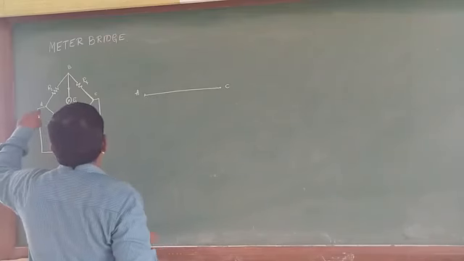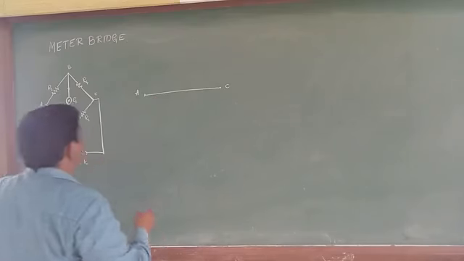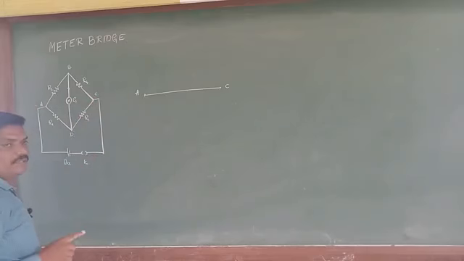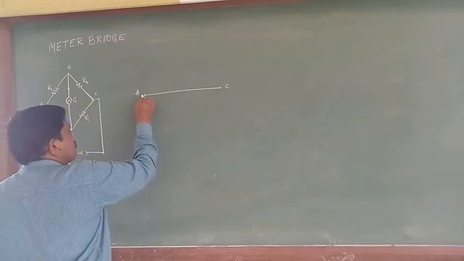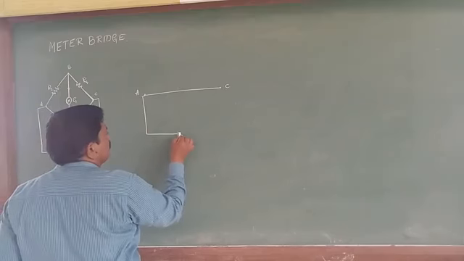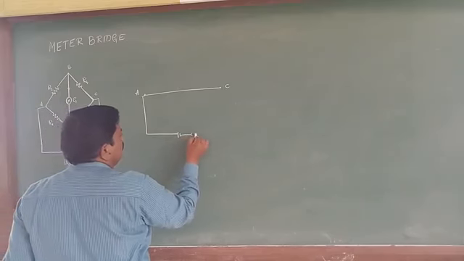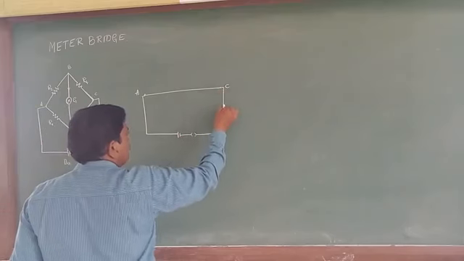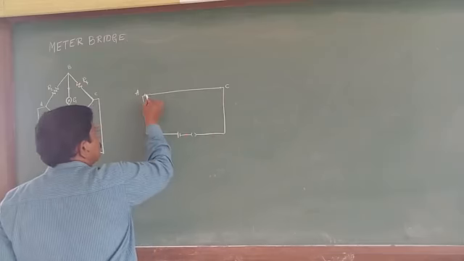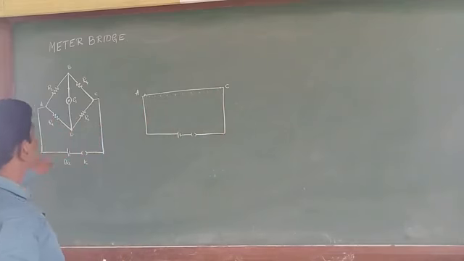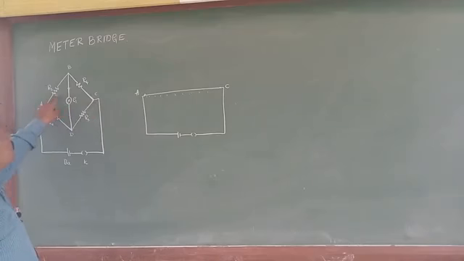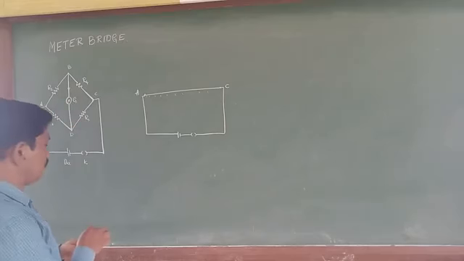Now between A and C, a battery is connected. This one is the battery connected between A and C, and the wire is fixed on the meter scale. Now between A and C, two more resistances are connected.